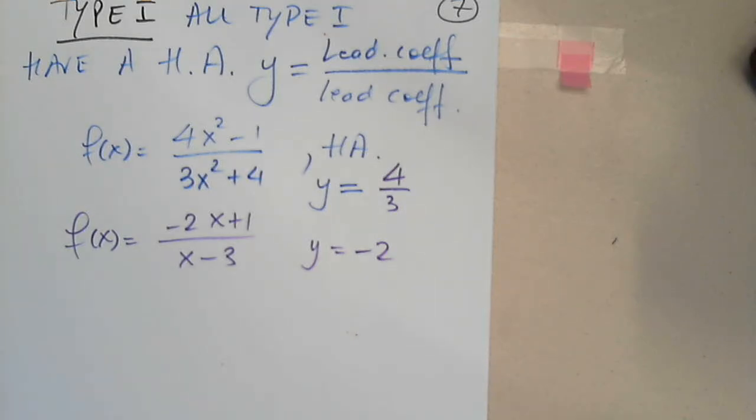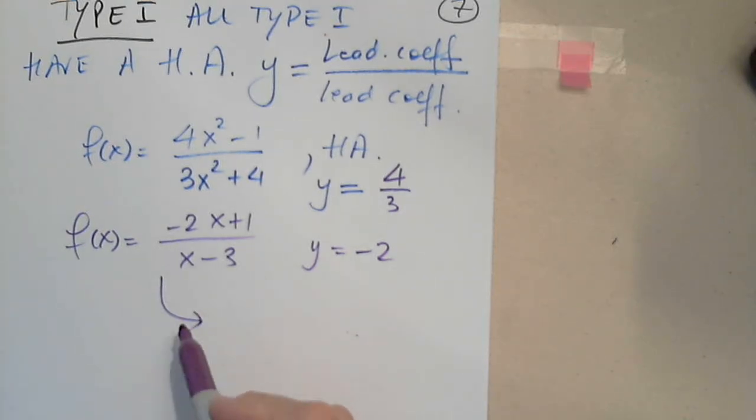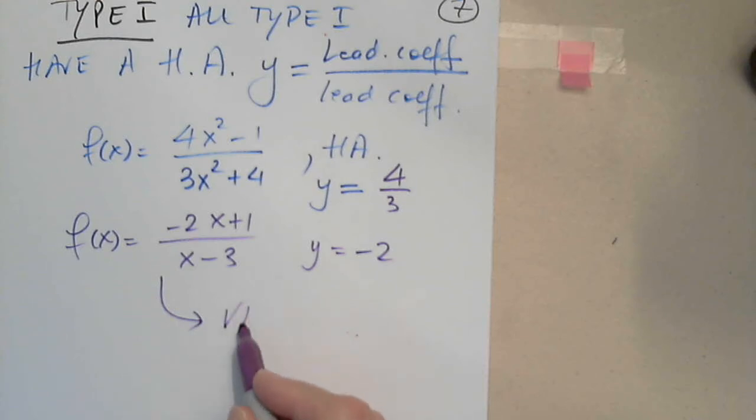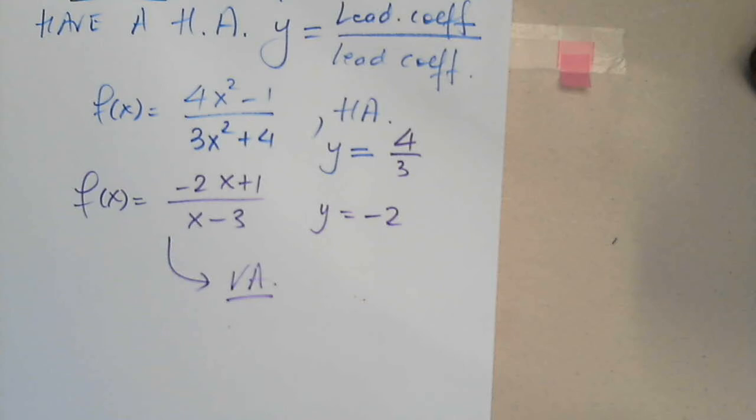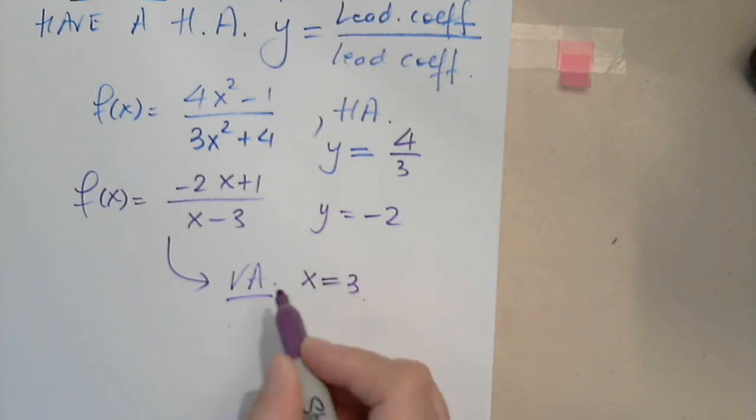Yes, yes. So now, for example, this function has a vertical asymptote. What is the vertical asymptote for this function? Very good question, actually. Thank you for asking. Three. Yes, but not 3, but x equals 3.